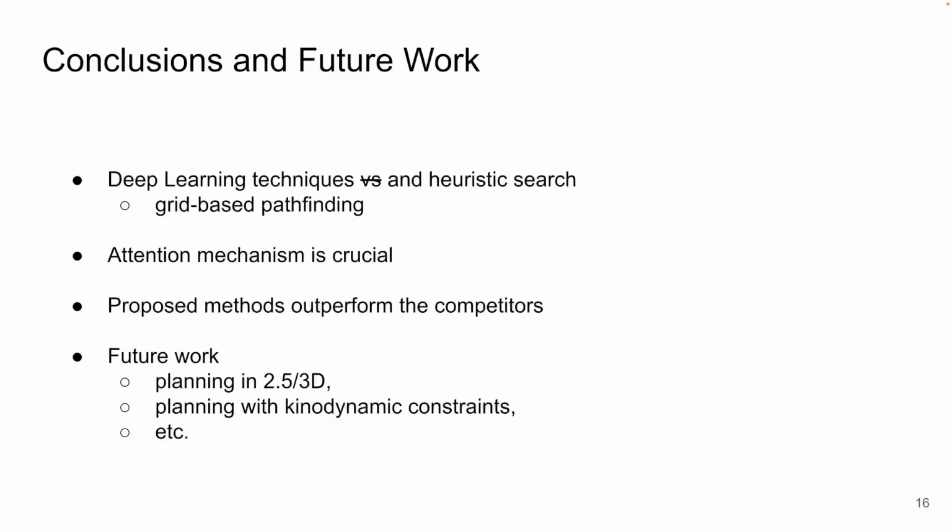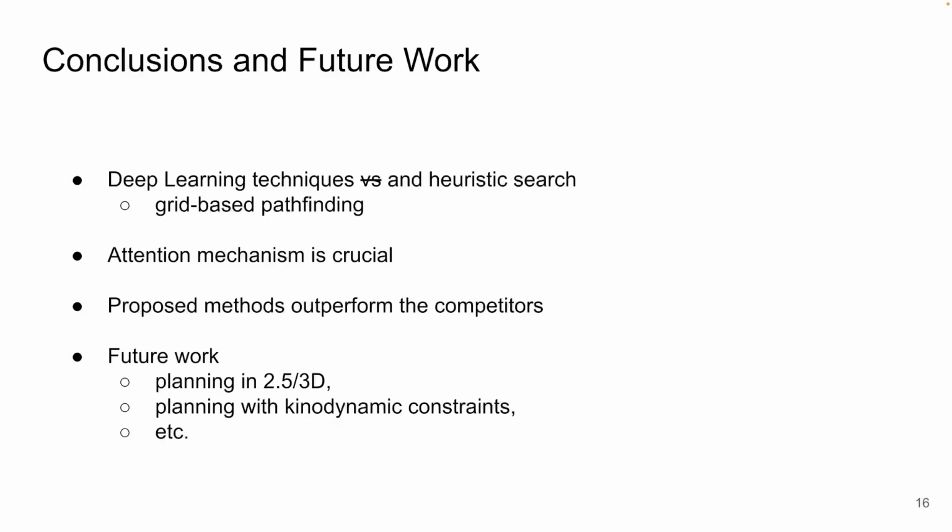To conclude, in this work we explored how state-of-the-art deep learning techniques may aid heuristic search planners in solving grid-based pathfinding problems. We have suggested to utilize a deep neural network composed of both convolutional and attention layers to predict several novel heuristics that can be used in combination with weighted A-star and focal search.